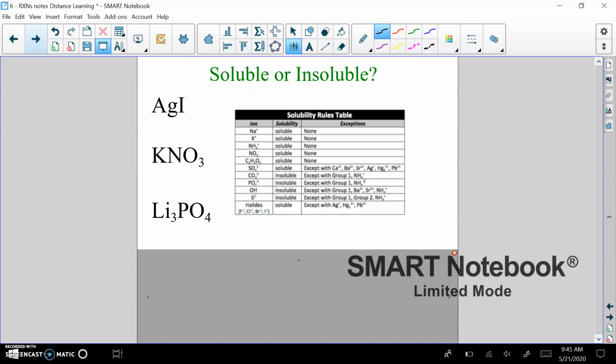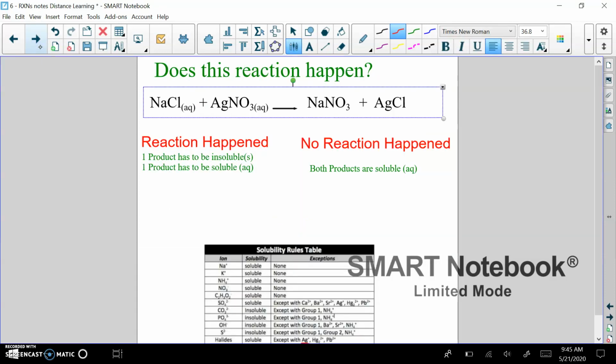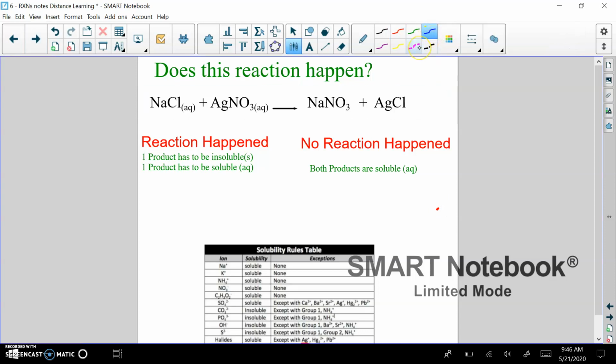Now, just a couple more. Iodine, well, it's right there. Is it soluble? It's AQ, except when it's with Ag, so that would make it a solid. That would make it insoluble. That's an exception one.